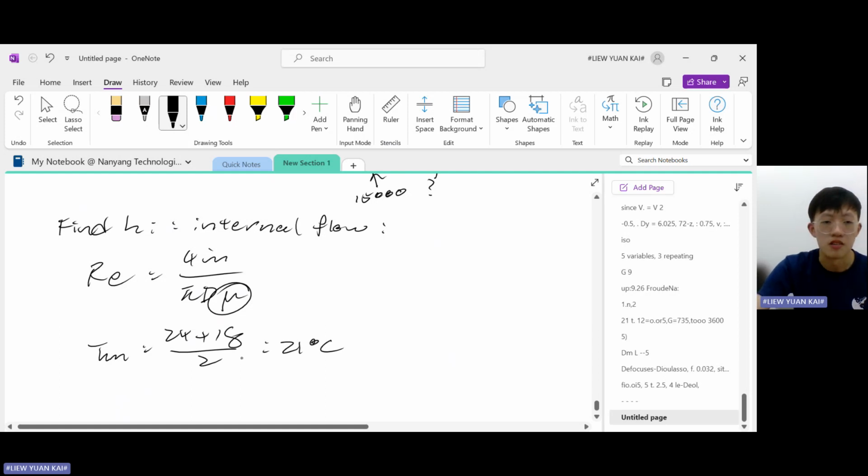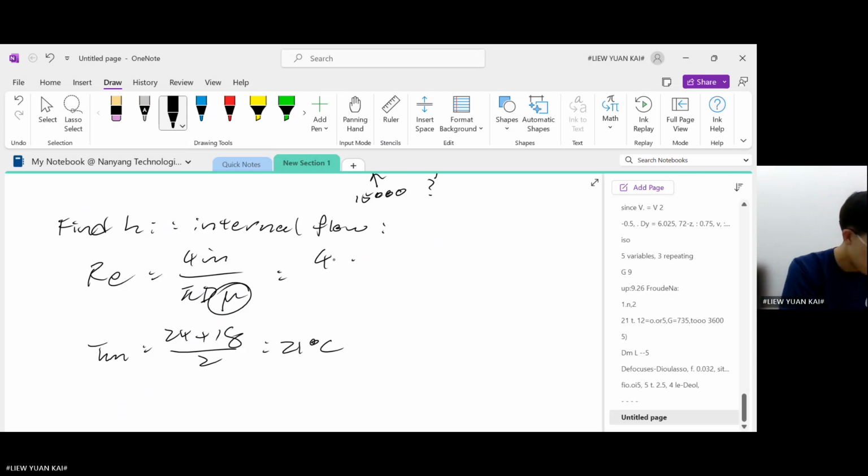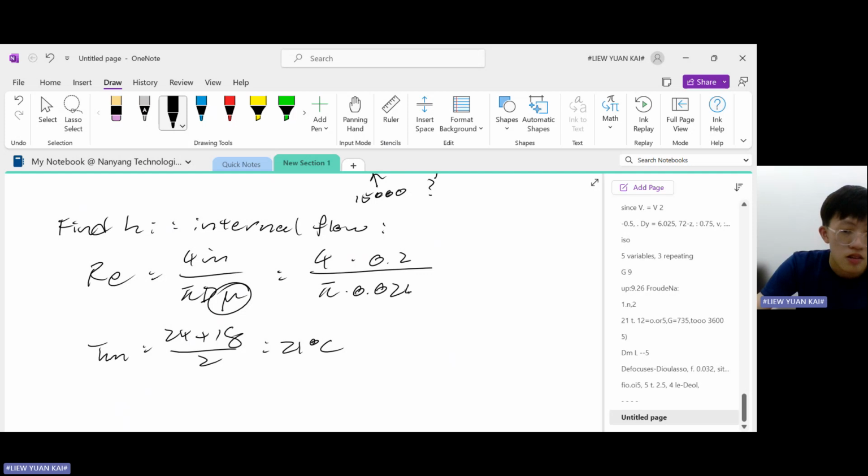So now you have to do interpolation. Please do it on your own, I'm not going to do it for you. So you plug in everything: 4 times 0.2 divided by pi, then the diameter, then the mu, which I interpolated.